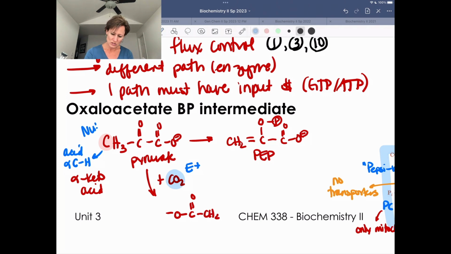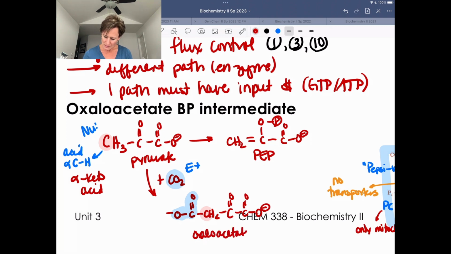There's the CH2 that was a nucleophile, so let's go ahead and label that. This was our CO2 that was here. This is our carbon atom that we had act as a nucleophile, and then here's the rest of the molecule. Okay, so this is oxaloacetate, abbreviated OAA.